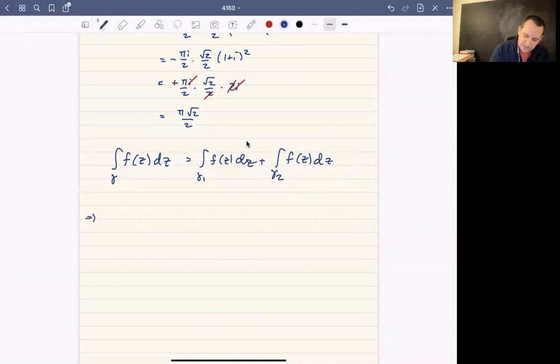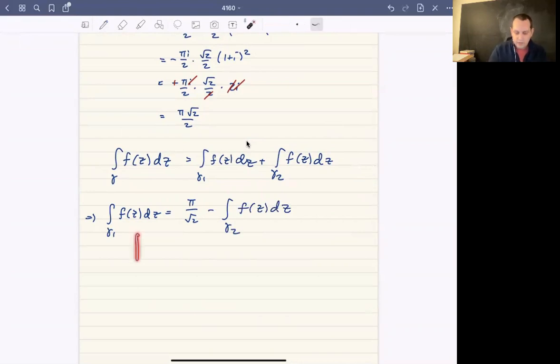Basically what this tells us is that the integral over gamma 1, which is the integral that we're looking for, is the integral of f, which is pi over square root of 2, minus the integral over gamma 2 of f. And then we're going to let r go to infinity, and then we'll recover the integral that we were looking for, and that'll be our answer.